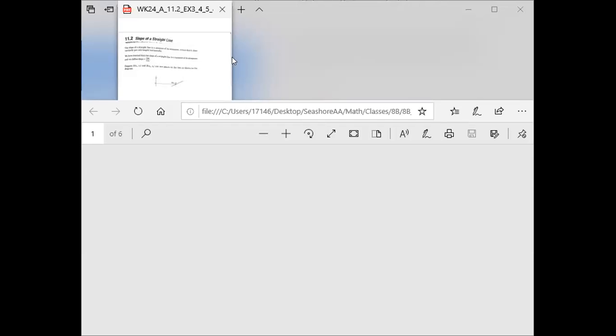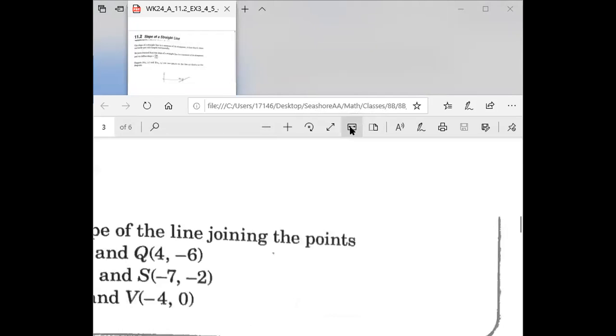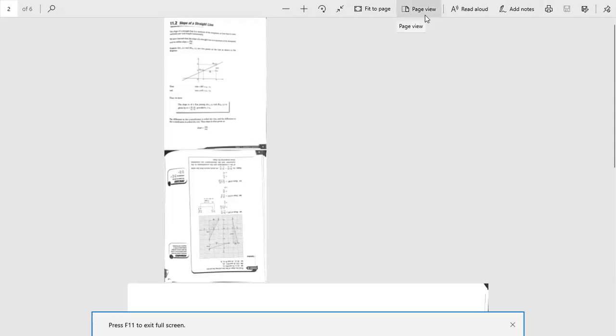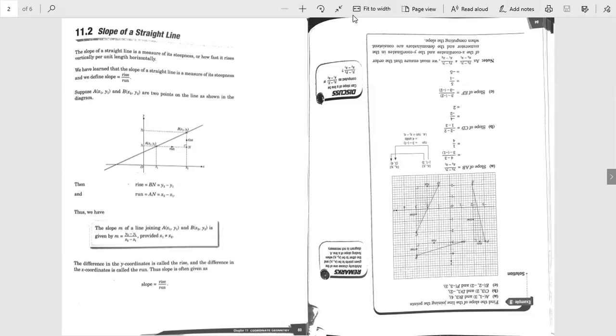Can you see this share screen? Let me fix my document first.